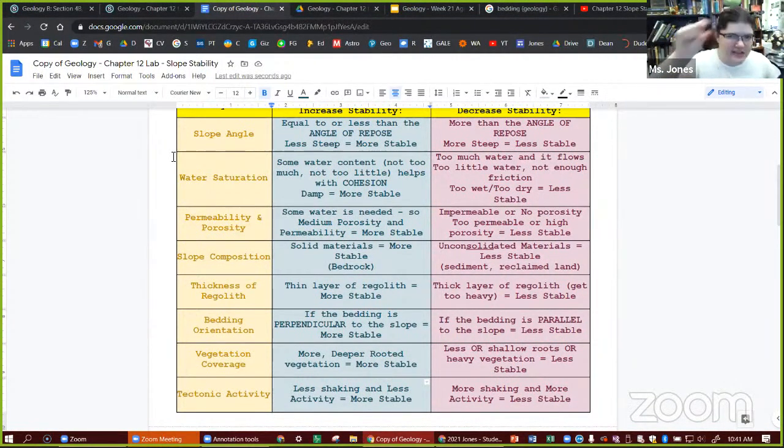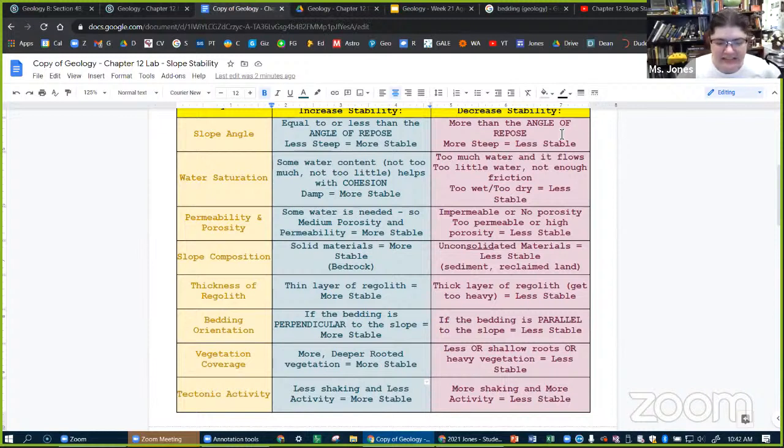If there's a thin layer of regolith that's less likely to gain weight and slide off, it's more stable. If the bedding is perpendicular to the slope, it's more stable. If the vegetation has really deep roots, it's more stable. And if it's not in an area that shakes a lot, then it's going to be more stable.